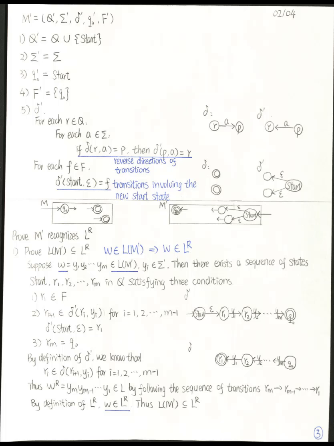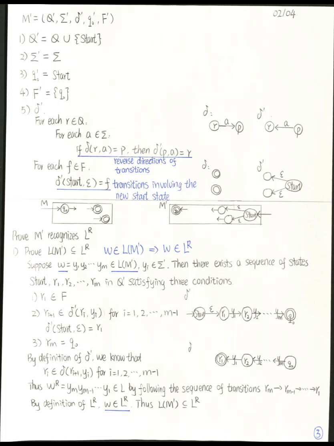So the set of states for this new machine, M prime, should be my original states from M and this new start state. And the new alphabet is exactly the same alphabet, because I should accept the strings with reversed order. I should not accept any strings that contain symbols outside of this alphabet.